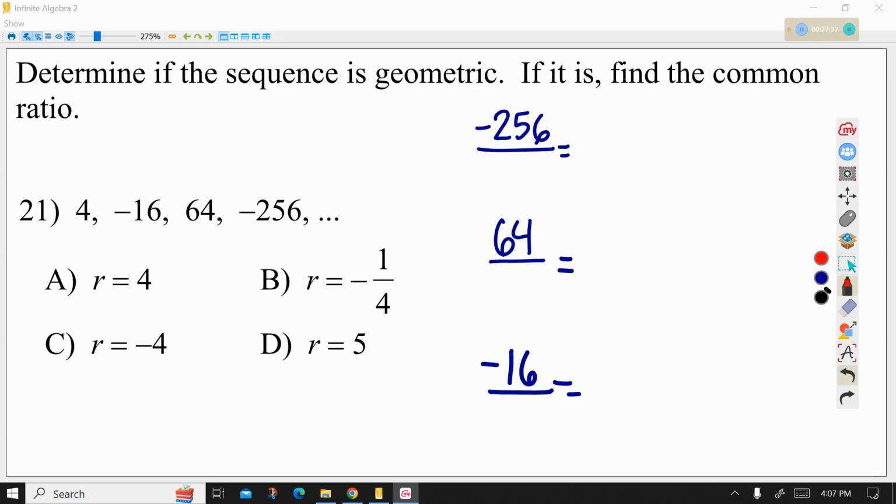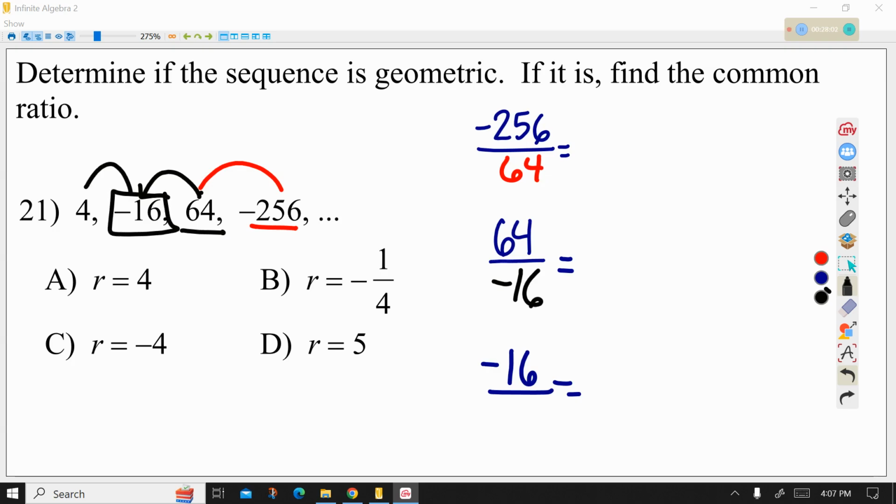So one way to get the common ratio would be to take a term and divide by the preceding term. Right here, I'm trying to show you what that would mean. We'll do 3 of them really fast. The preceding term to this term, -256, is 64. And the preceding term before this term was the -16. What term precedes the -16? The preceding term is 4.